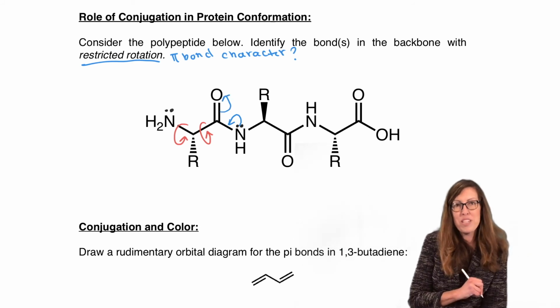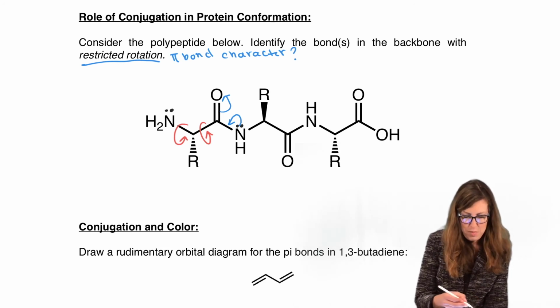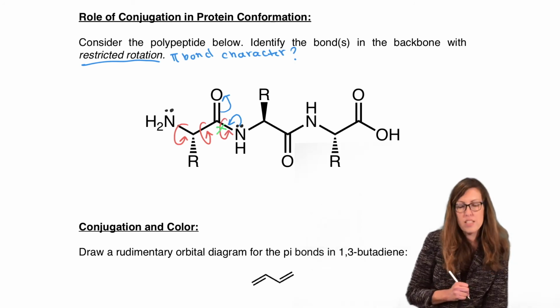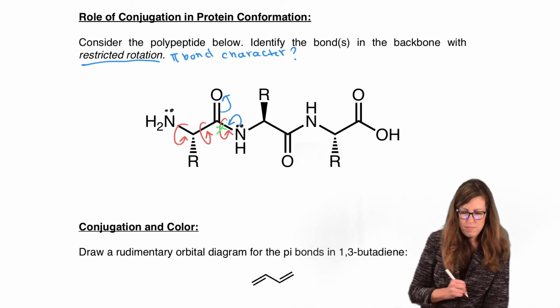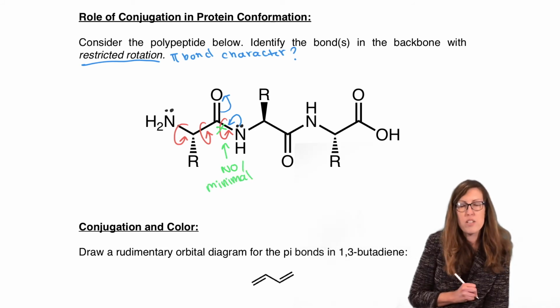That means the hybrid will have a partial pi bond, so this is not going to rotate. When I do that, I'm going to put an X through it. Restricted rotation. So no or minimal rotation. It's hard to rotate. The energy barrier to rotate that is high.